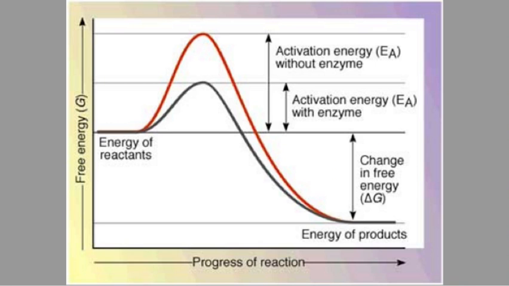So this graph is showing you, we had our graph of activation energy, and the red line would be the reaction occurring on its own without an enzyme or a catalyst. And you see that the activation energy takes a whole lot of energy.